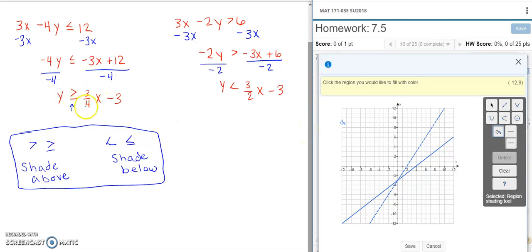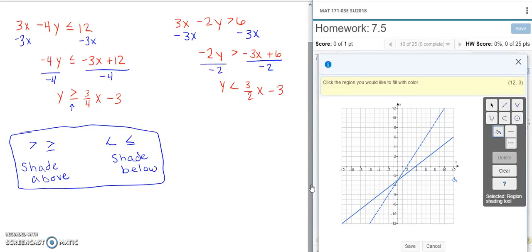I'm shading above the solid line, but below the dashed line. So above the solid line would be this area here. This is all above the solid line. And below the dash line is this area here. All this is below the dash line.